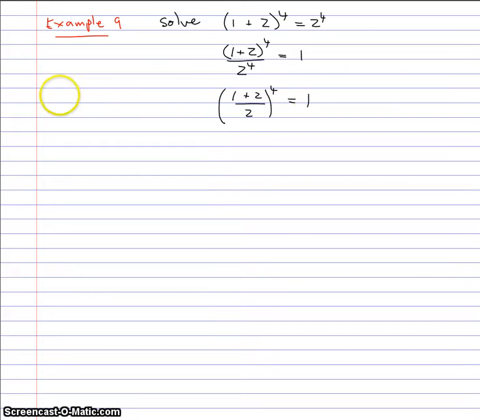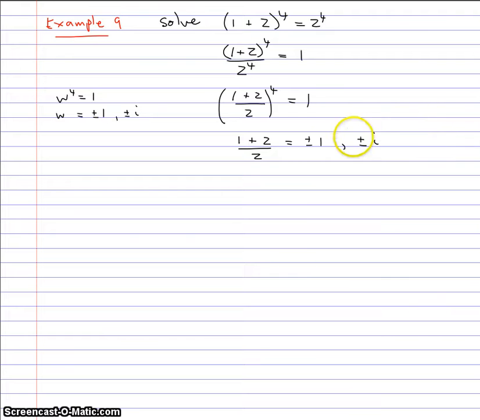Now, just imagine that this was, say, w to the power of 4 equals 1. From our previous example, we found that w would equal plus or minus 1 and plus or minus i. So, in this case, solving for this expression here, we can make it so that 1 plus z over z equals plus or minus 1 or plus or minus i.